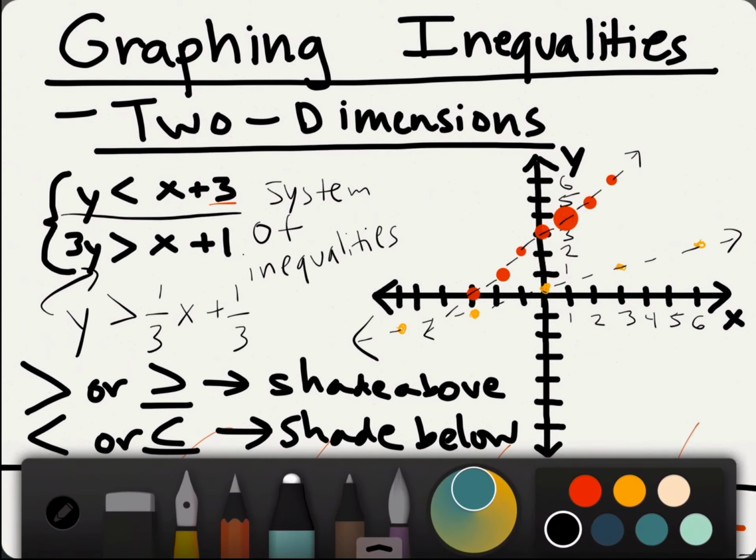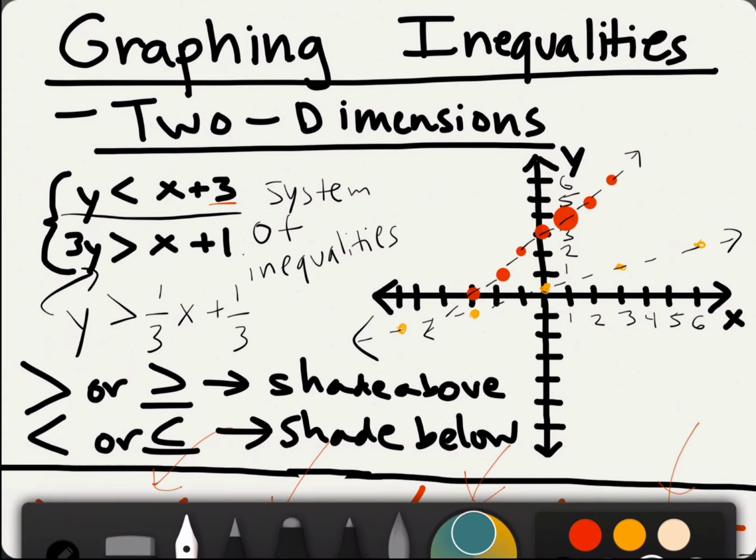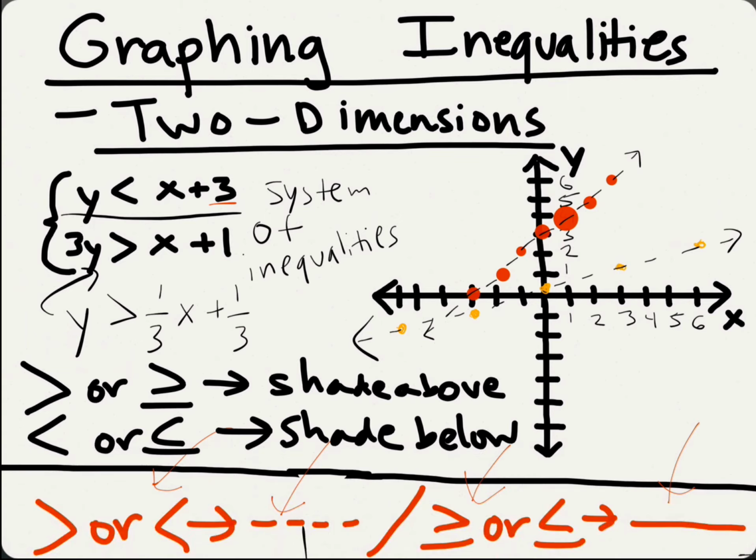So I'm going to use one of my thinner markers, and I'll use that color. We're going to start out with y is less than x plus 3. That is this line. Since it's less than, we're going to shade below. There we go. I'll just shade in like that.